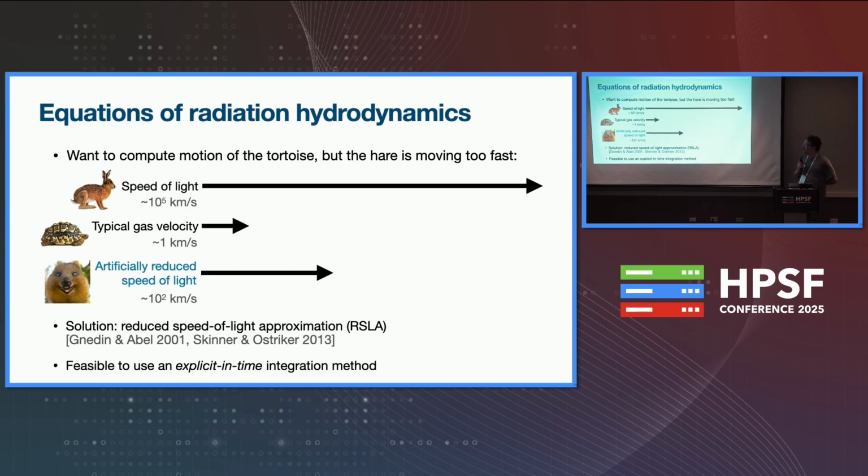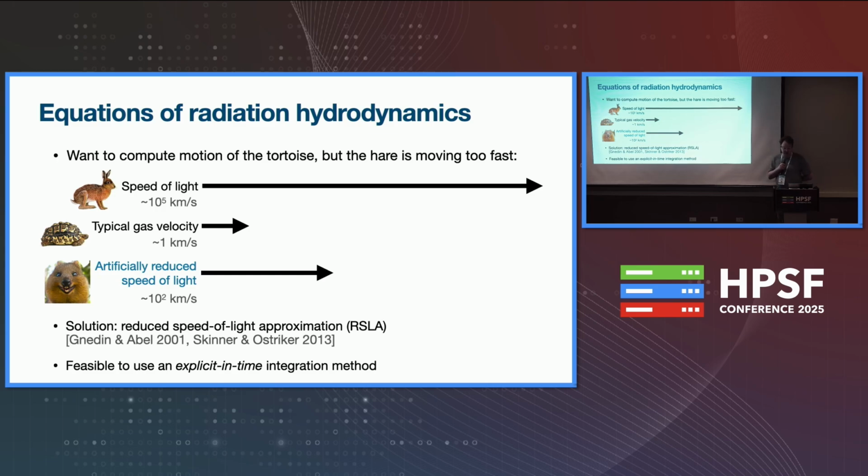So we also use a relatively special method, although more common in the star formation and galaxy formation community, for radiation hydrodynamics. We evolve the radiation transport equations explicitly, and the source terms implicitly. The speed of light is very large, so we don't want to use a traditional explicit method because the time step constraints would be prohibitive.